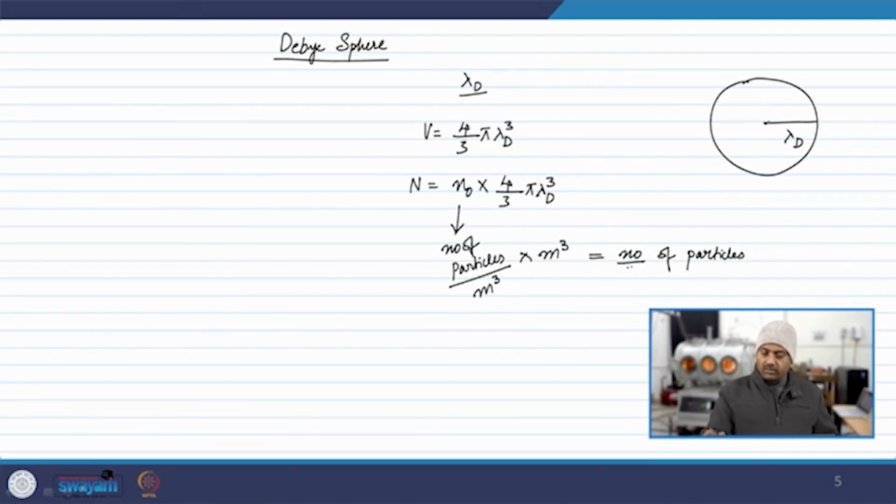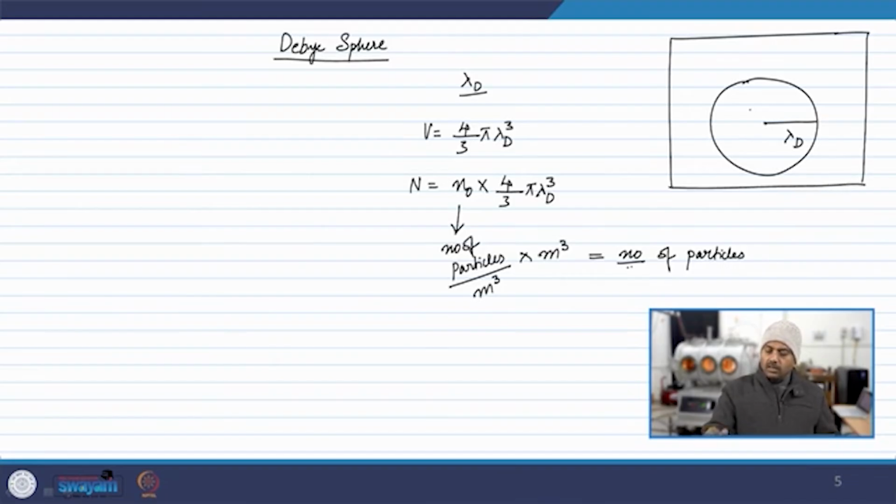So, if you construct a sphere of radius lambda d within the plasma, then there will be this many particles. You call this Nd. Nd denotes the number of particles inside the Debye sphere.